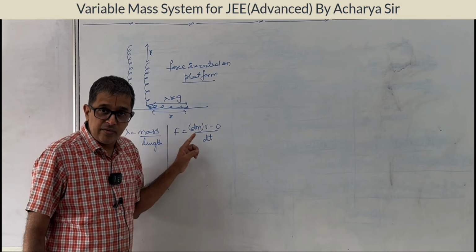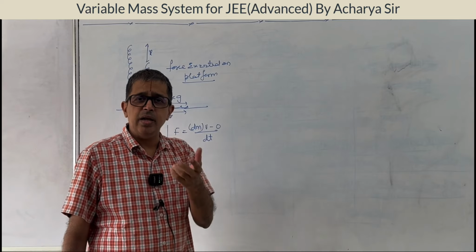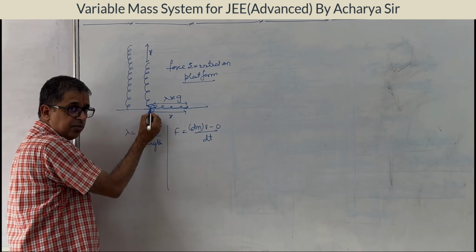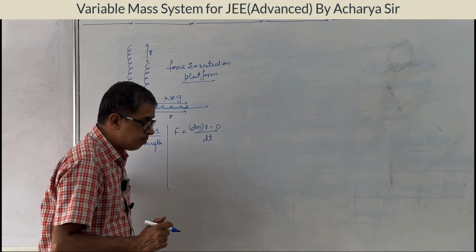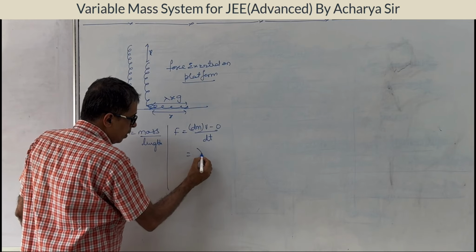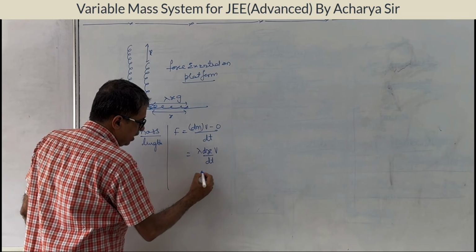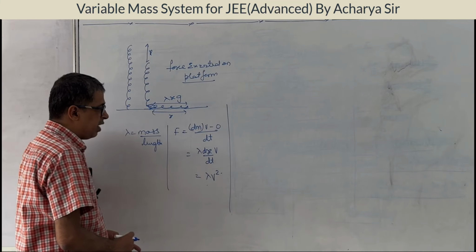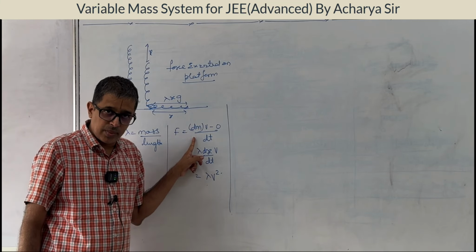Why didn't I write final minus initial? It's only a negative sign, and I know the direction of the force exerted by this chain on the platform, so I am not worried about the sign. Dm is lambda dx, so lambda dx v upon dt gives lambda v square. This is the way I go from the fundamental concept of change in momentum.